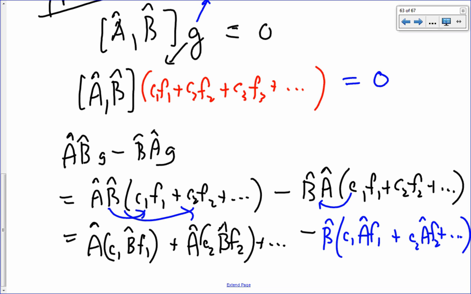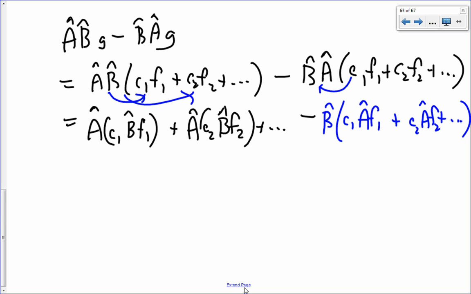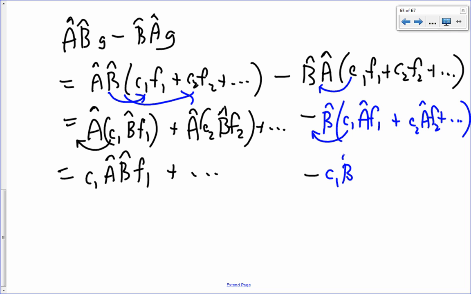So what do I get here? I can pull out my C also, so that's C1 A hat B hat F1 plus, and over here minus, I can pull out my constant C1, B hat A hat F1 plus and so on.